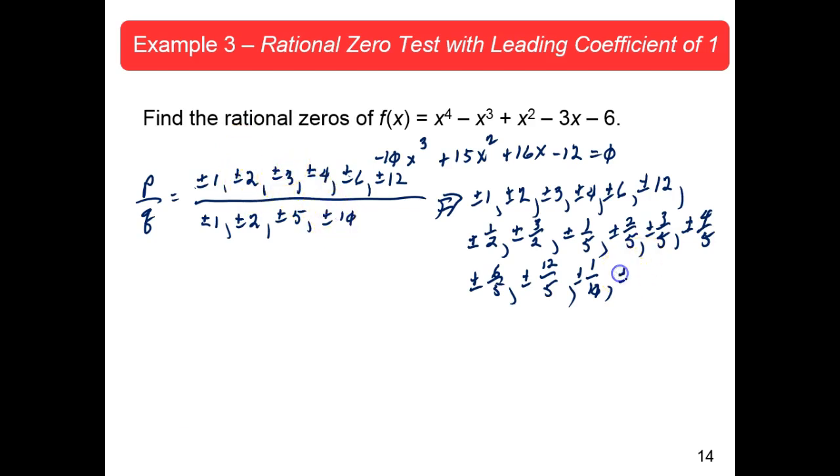We don't have that one, so plus or minus 3 over 10. And the next one is plus or minus 4 over 10, but guess what? That's 2 over 5. We already got that one. Next one's plus or minus 6 over 10, but that's 3 over 5. We already got that one. The next one is plus or minus 12 over 10, which is 6 over 5. We've already got that.